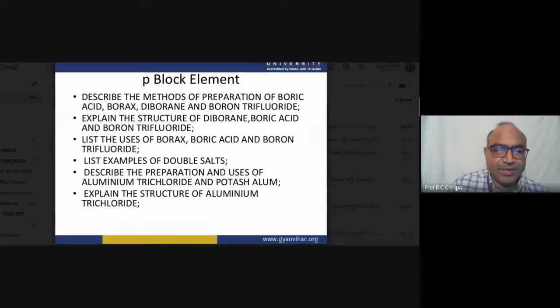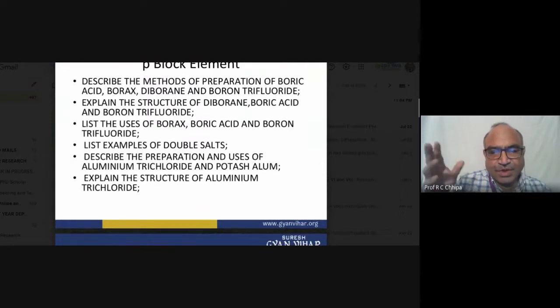This is the most important concern, first aluminium trichloride and then potash alum. Potash alum is potassium sulfate and aluminum sulfate. Then we have the aluminum trichloride structure.